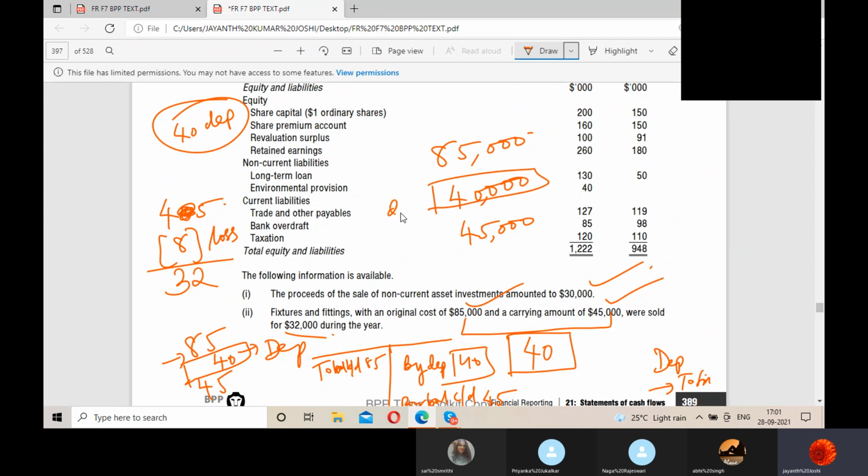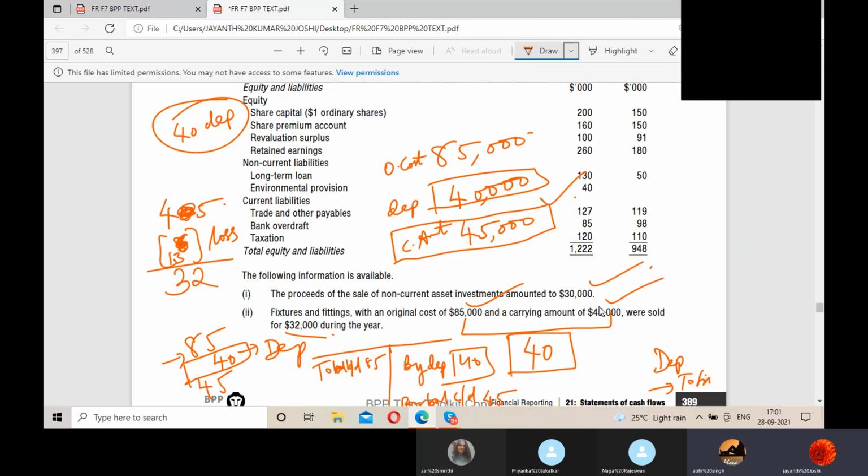So depreciation, original cost, carrying amount. The asset which is of 45,000 now, you sold it for 32,000. So there is a loss of how much? 45 and 32, 13,000.